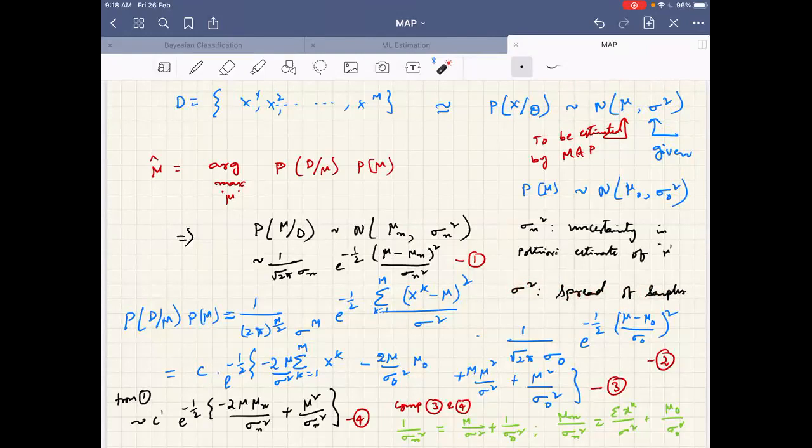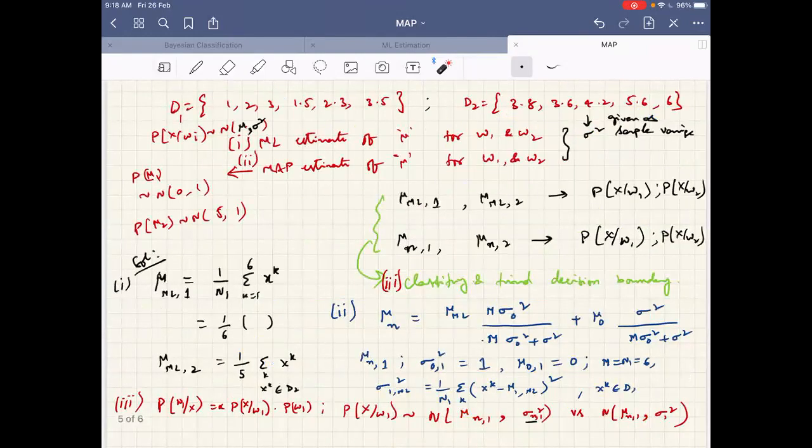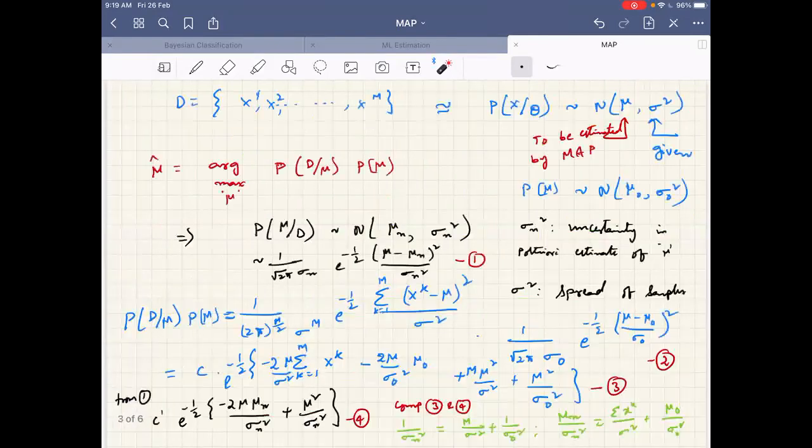You have currently defined that the ML estimate itself is given as the variance. We have not found a MAP estimate of the variance here. I have not done a framework to find sigma square by MAP estimate. We have only discussed a framework for estimating mu by MAP. If I want to estimate sigma square by MAP, then I have to have a prior for the variance itself.